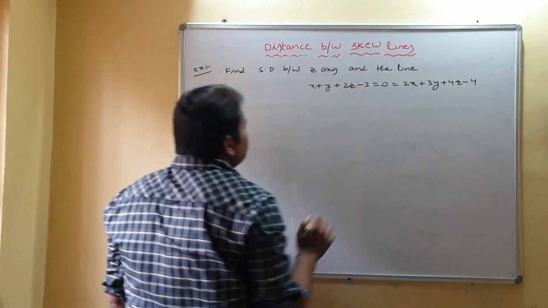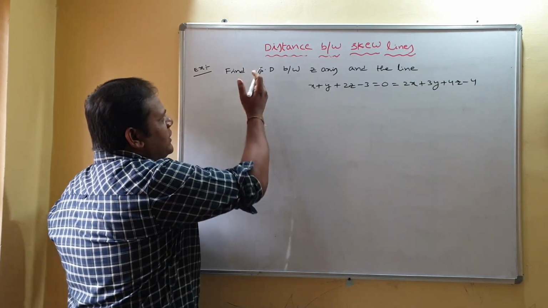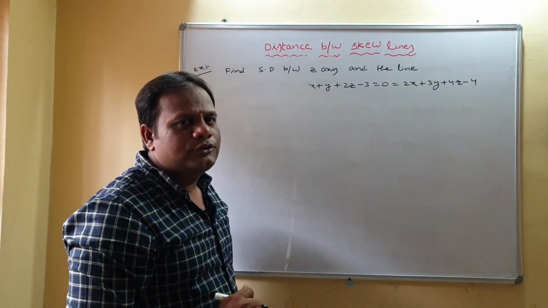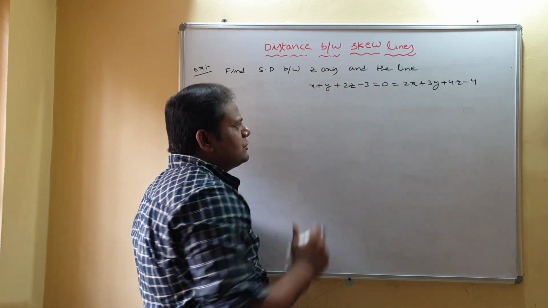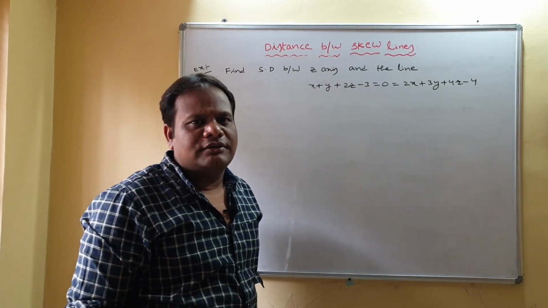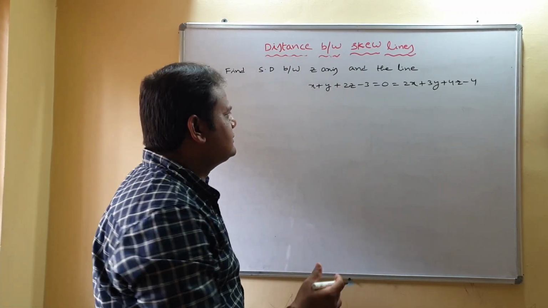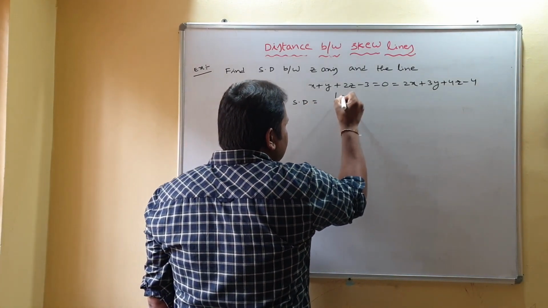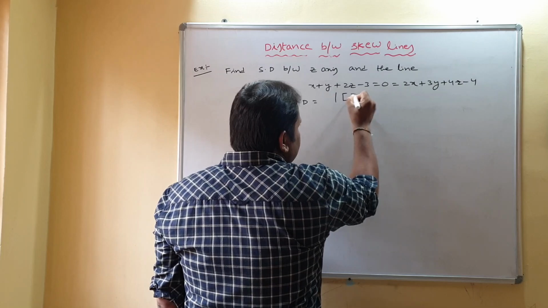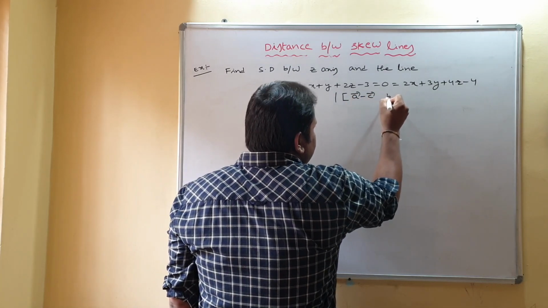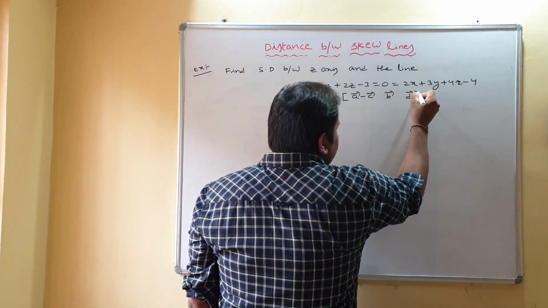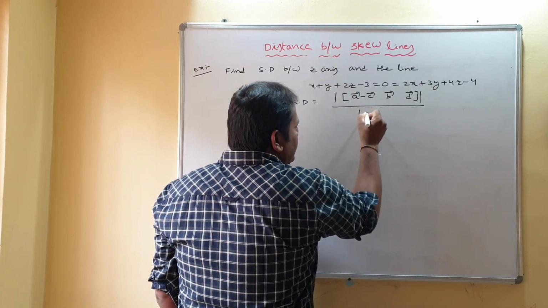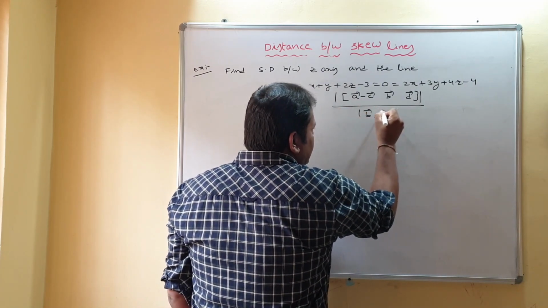See here. First, to apply the shortest distance formula, you have to write both in vector notation. If you remember that formula, the shortest distance is mod of box A bar minus C bar, B bar, D bar, by mod B bar cross D bar.